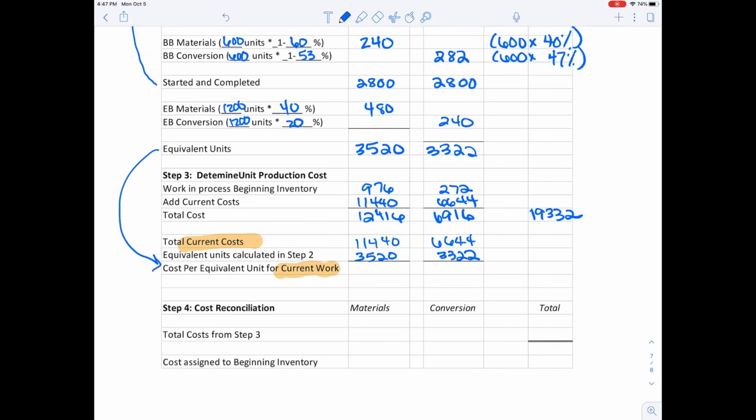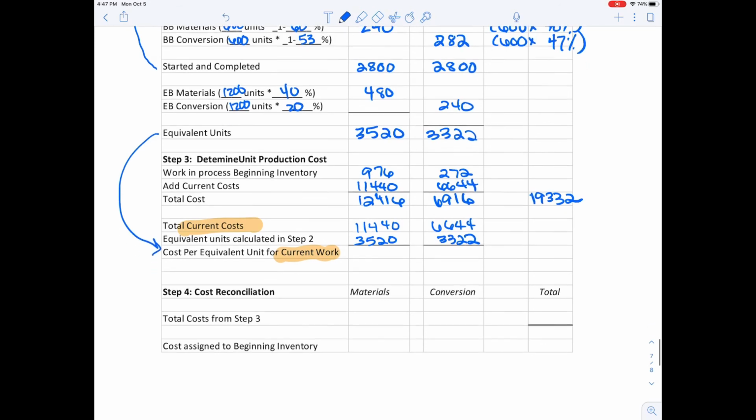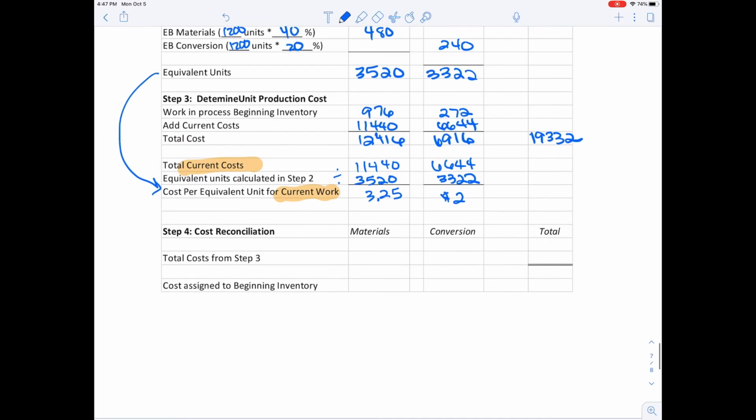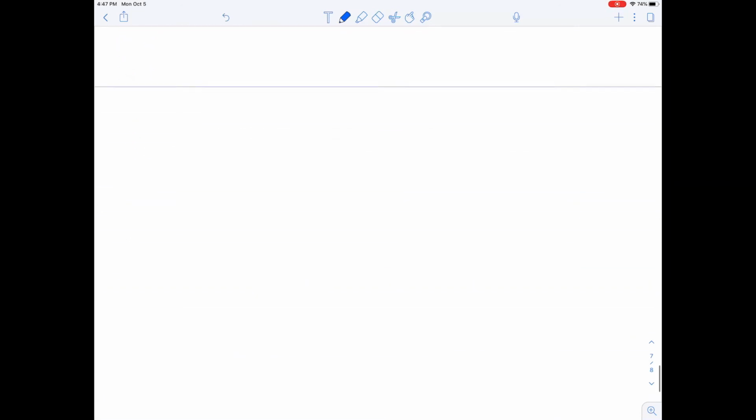I realize I forgot a 2 over there. And I'm going to divide those to get my cost per equivalent unit, which is $3.25 versus $2. Now we're going to go through and assign those costs.